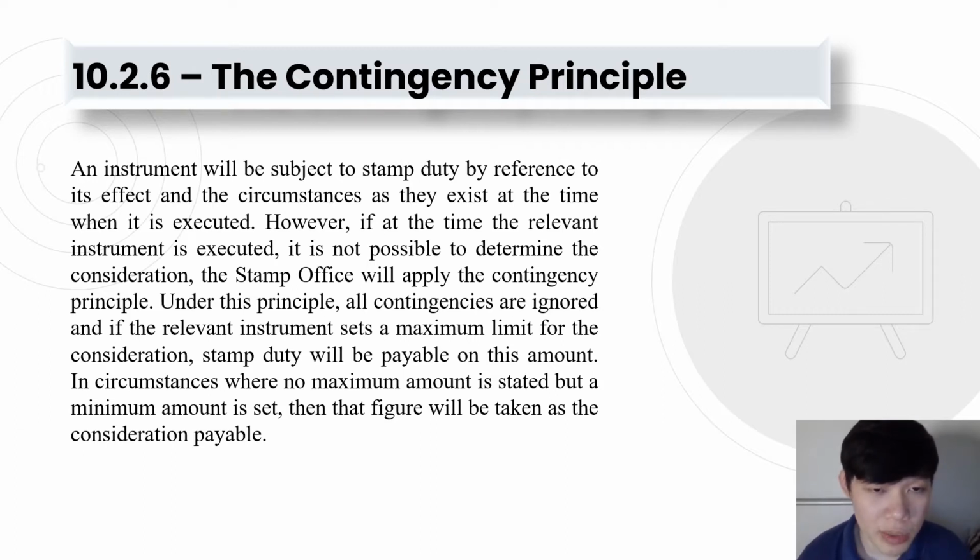Under this principle, all contingencies are ignored, and if the relevant instrument sets a maximum limit for the consideration, stamp duty will be payable on this amount. In circumstances where no maximum amount is stated but a minimum amount is set, then the figure will be taken as the consideration payable.